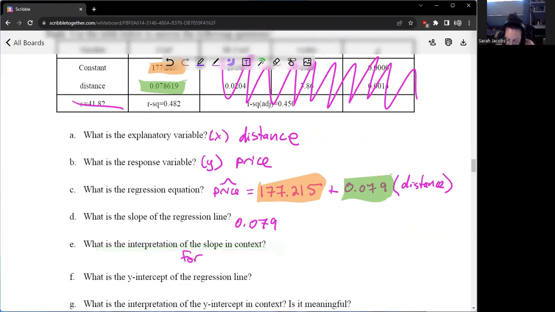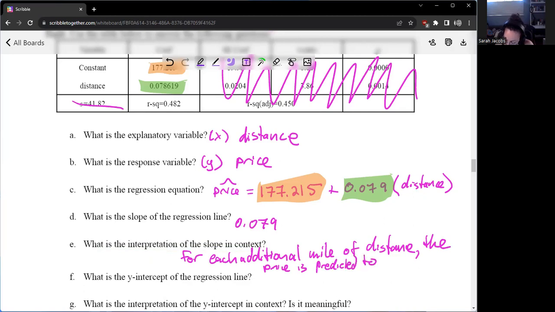So that sentence stem: for each additional, and in this case, I'm going to assume it's miles, mile of distance, the response variable, in this case, the price, is predicted to increase by about 7 cents or 8 cents on average.